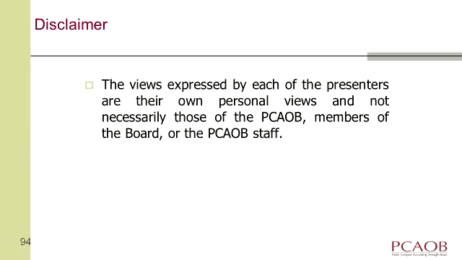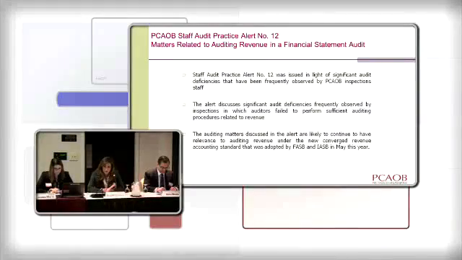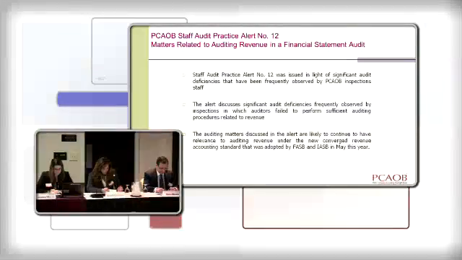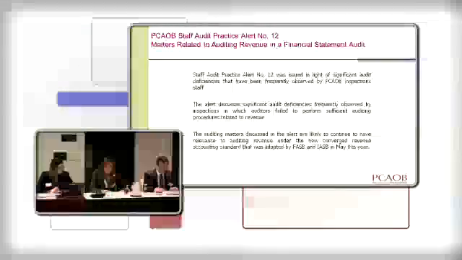So earlier this year in September, we issued a practice alert on auditing revenue. It's all in your folders. I will give you a really high-level overview because we don't have a lot of time to discuss this. This practice alert was for auditors to highlight the requirements of auditing revenue in light of significant audit deficiencies that have been frequently observed during inspections of firms.